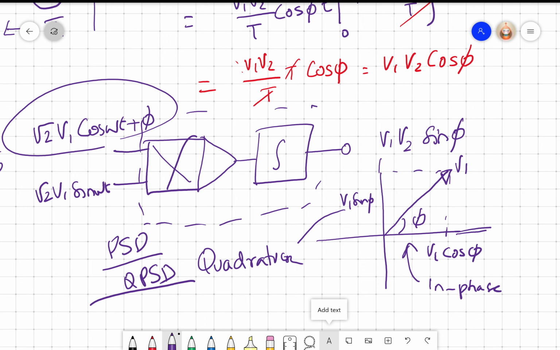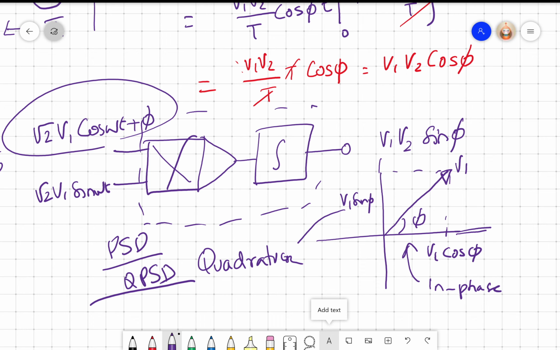What is the big difference? For the in phase PSD, we give a second signal as cos omega t, right? My input is cos omega t, second signal is also cos omega t. For the quadrature PSD, what do we do? If my input is cos omega t, I give a reference which is sin omega t, which is already 90 degrees, right?